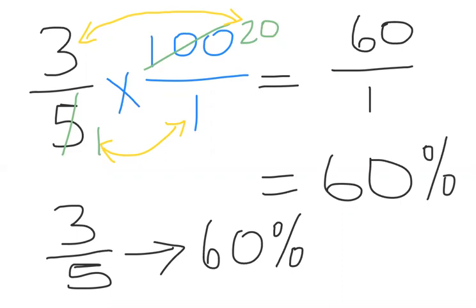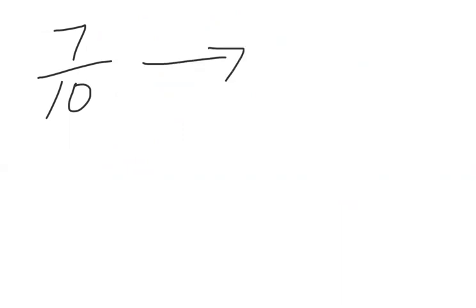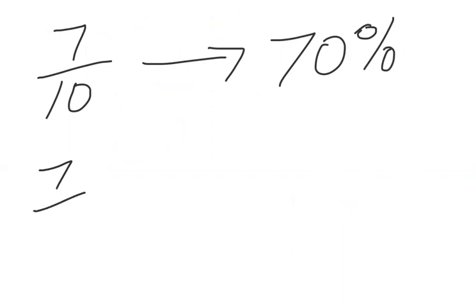Now you can take any percentage that we did earlier. So let's take 7/10. How do you convert that? You know the answer is 70% if you look on your page, but let's see if we can convert it properly. You take the 7/10 and multiply it by 100/1.